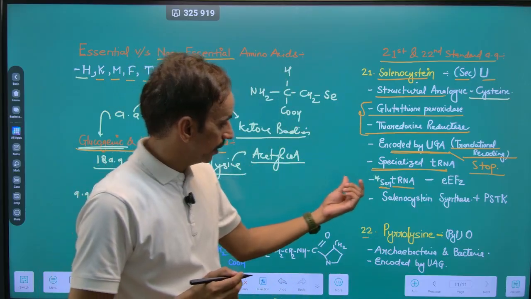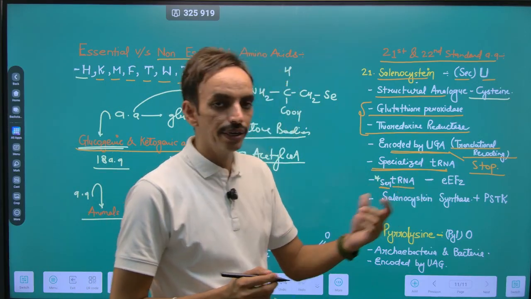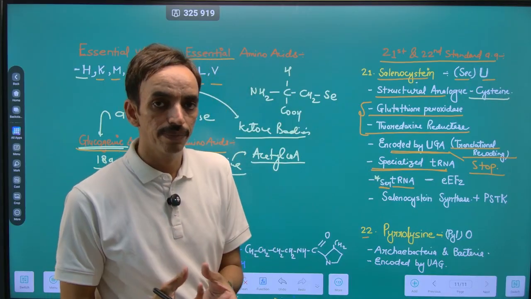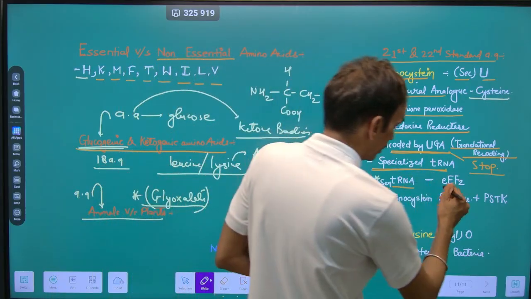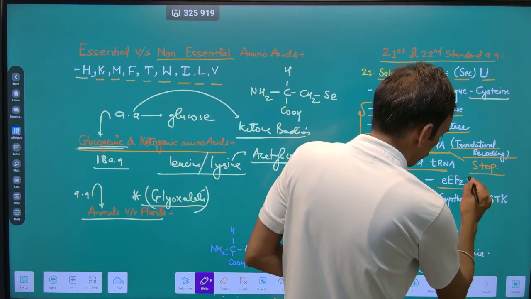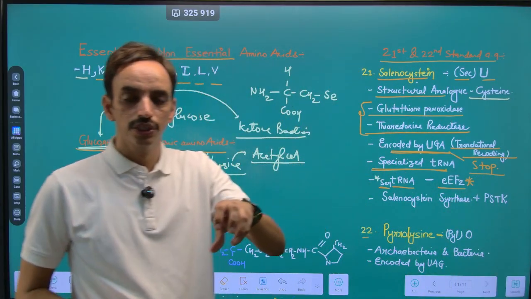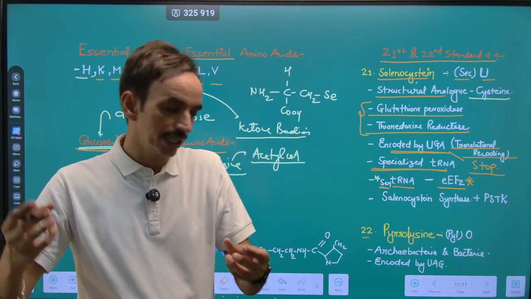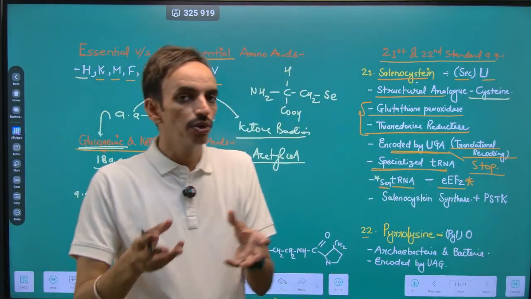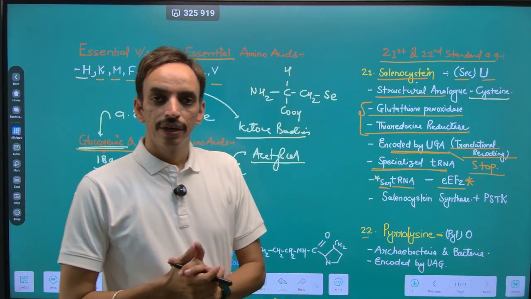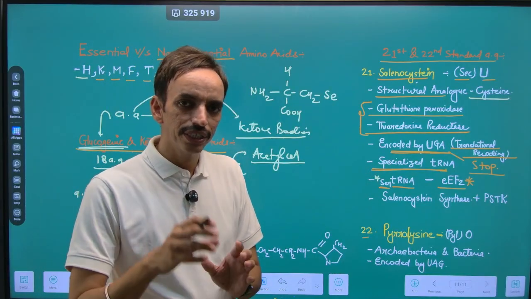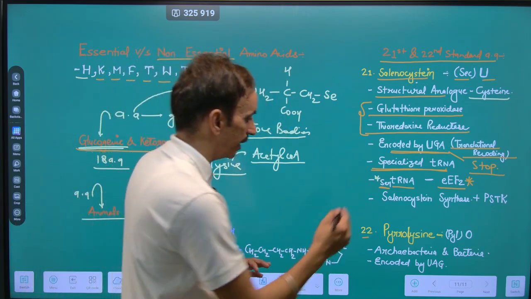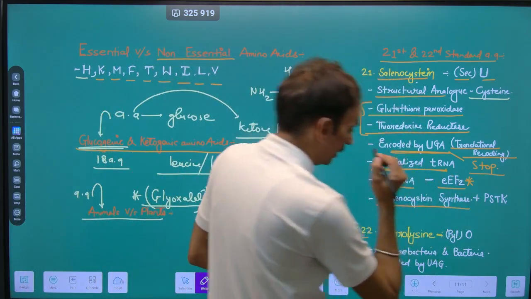Now this seryl tRNA is on a specific type of tRNA, so the elongation factor, which is involved in the process of translation and carries out the elongation of the polypeptide chain, is not able to recognize that particular charged tRNA because it is not an ordinary tRNA. Then there is an enzyme which is called selenocysteine synthase.